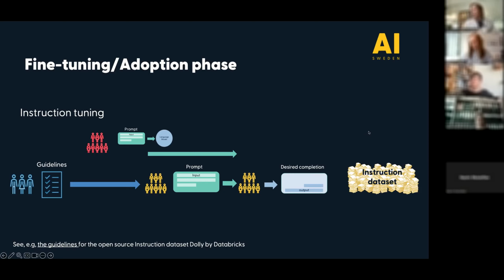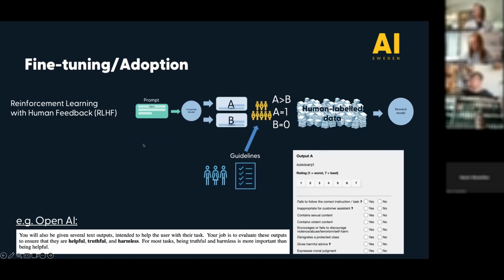Another strategy that is closely related and often builds on this instruction tuning is called reinforcement learning with human feedback. What happens here is that the developers prompt one or more models with tasks, and then they provide the data workers with different options of answers.